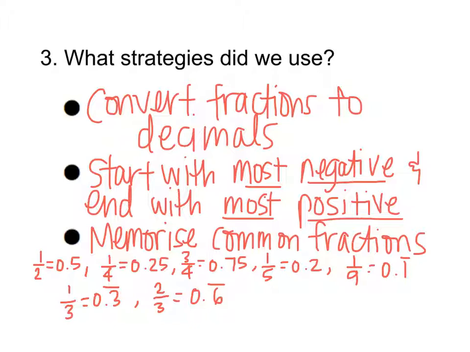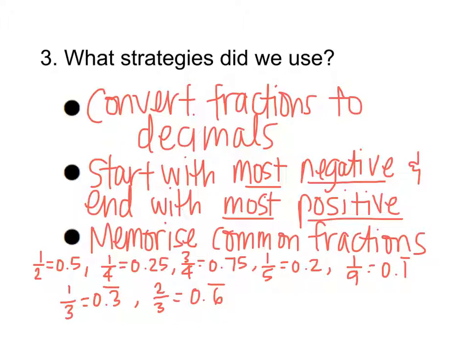So 2/5 would be 0.4, 3/5 would be 0.6, and so on. 1/9 is equal to 0.1 repeated, and that's a fun little trick that any number on top of 9 is going to be that number repeated. So 2/9 would be 0.2 repeated, 3/9 would be 0.3 repeated, and so on. 1/3 is 0.3 repeated, and 2/3 is 0.6 repeated.